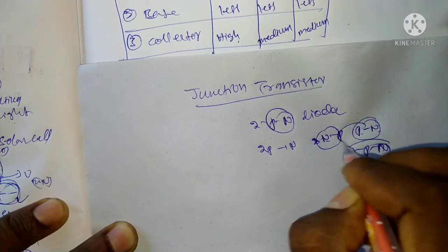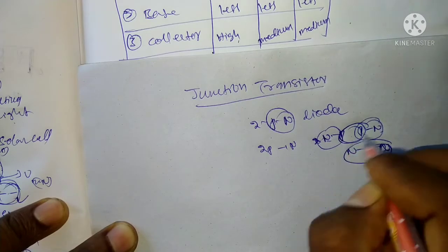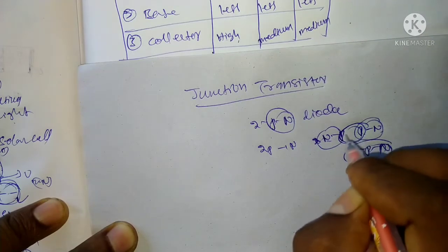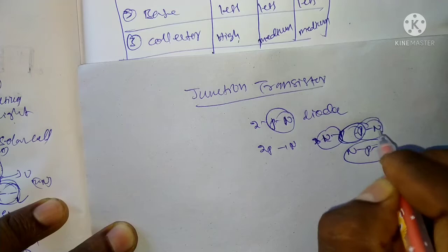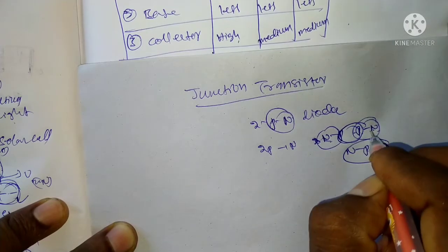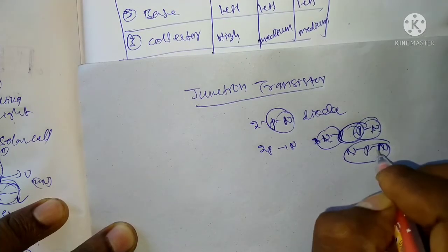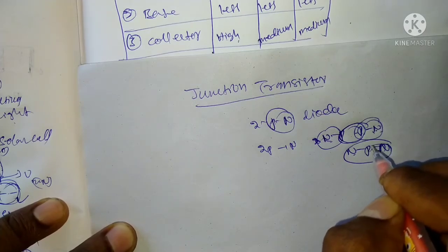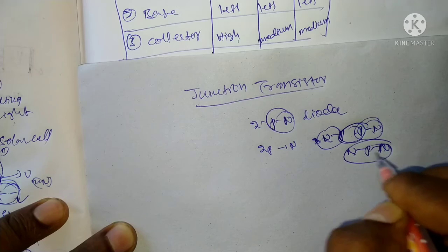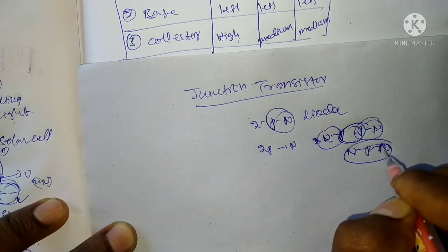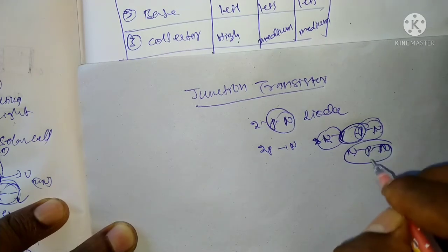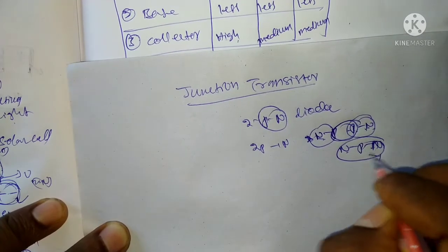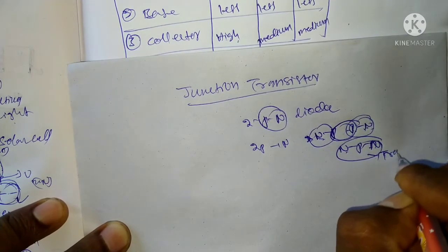Two N diodes are sandwiched with a P-type diode in between. This type of transistor is called an NPN transistor.